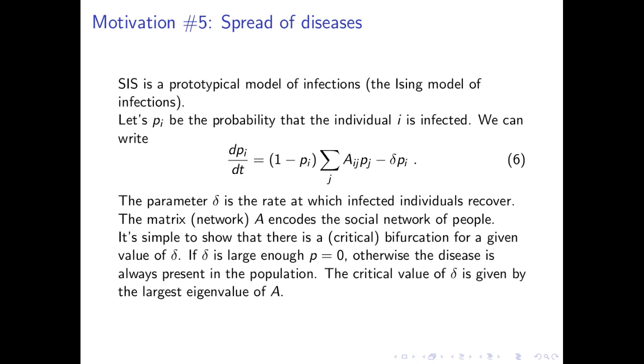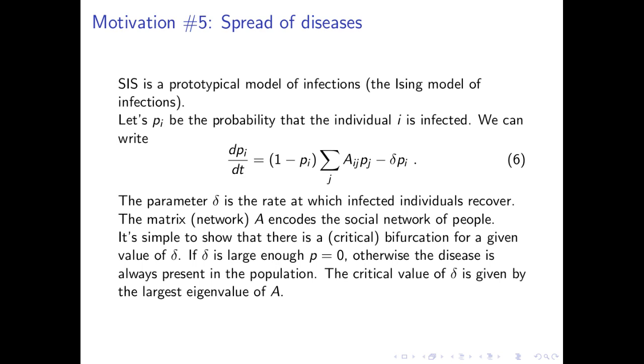And the key point is that this equation, which is again a sort of standard equation in disease dynamics, has two phases. If the recovery rate is large enough, then the disease doesn't spread, and basically the fraction of individuals infected at any time is close to zero.